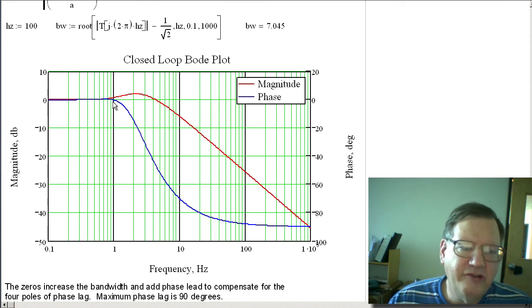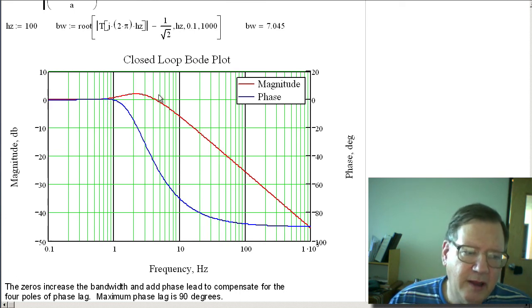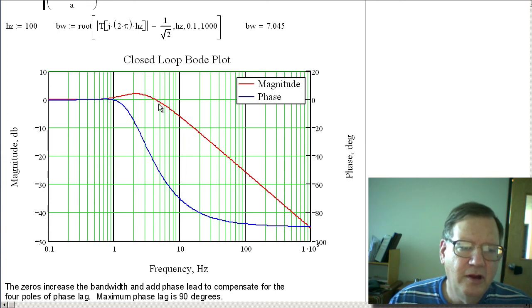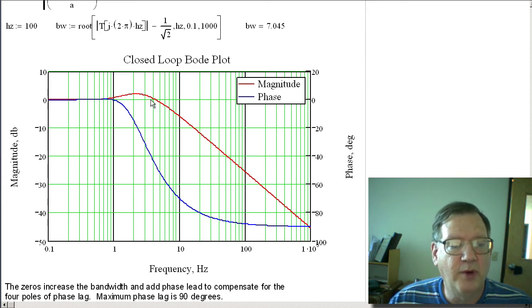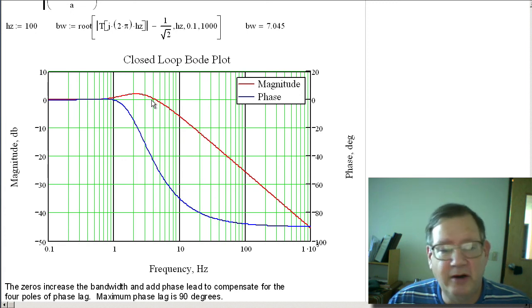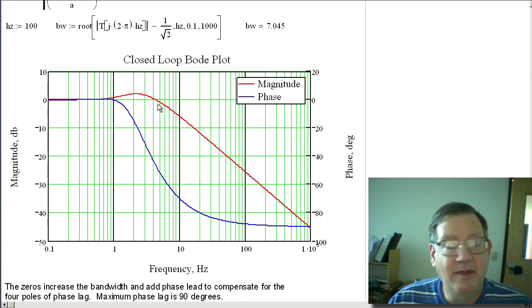The part that causes the overshoot is this part right here. Whenever you have zeros, usually there will be a frequency range where the response is greater than 1. And because of that, you have an overshoot. But you can see that the bandwidth is expanded, higher than what we have down below.